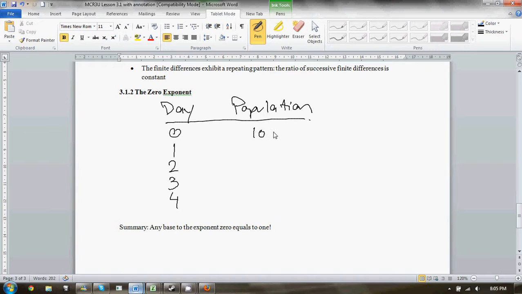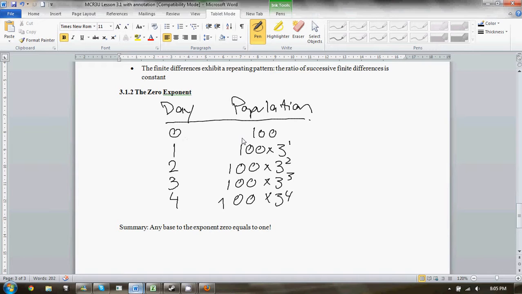It was 100, 100 multiplied by 3, 100 multiplied by 3 to the power 2, 100 multiplied by 3 to the power 3, 100 multiplied by 3 to the power 4. Here you can think of this as power of 1, so it's 100 times 3 by itself. Then 100 times 3 to the power 2, 900, and so on.